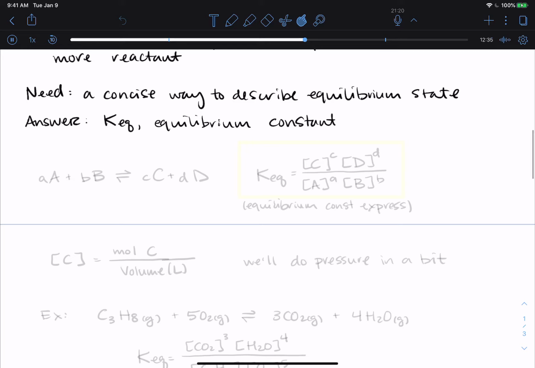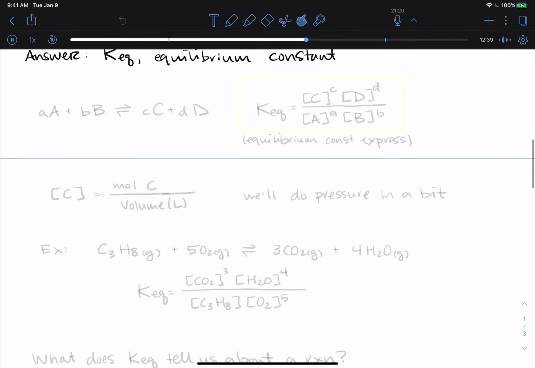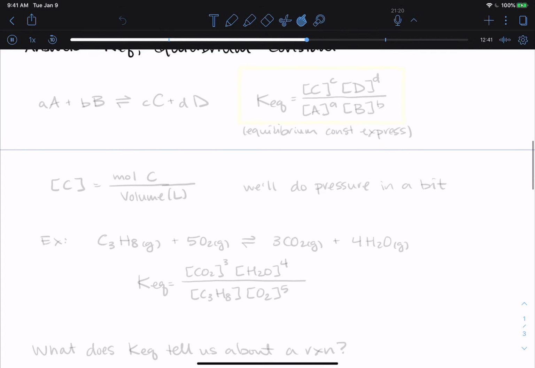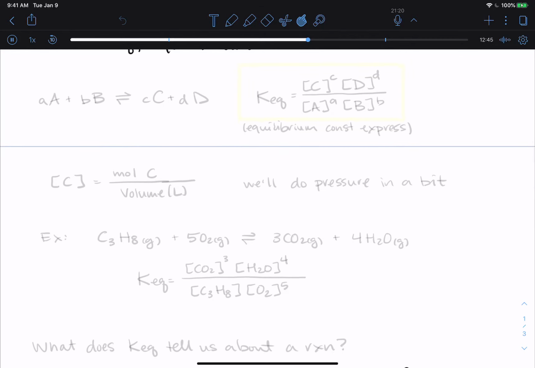For right now, it's going to be an EQ to designate that it's equilibrium, but you will see some places drop that subscript, and in a later video and in a later module, we're going to add some other subscripts to designate specific circumstances. All right, here's how we set up an equilibrium constant expression.